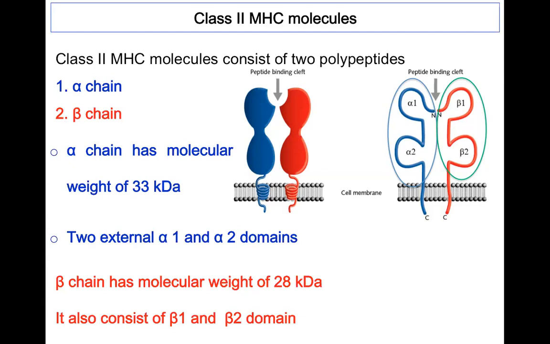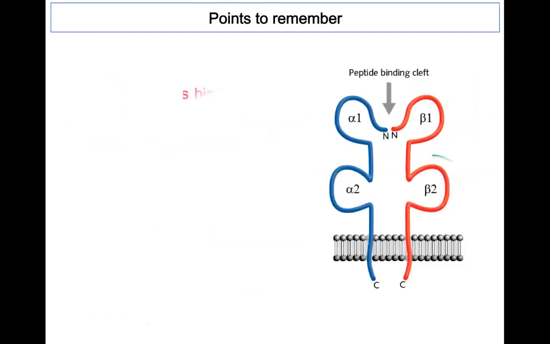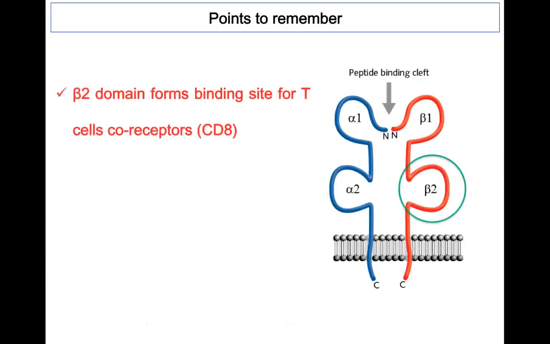Beta microglobulin has no further domains. Another difference is that in class 1 MHC molecules, beta microglobulin has no transmembrane part. But in this case, you can see both the alpha chain as well as the beta chain of class 2 MHC molecules have a transmembrane part.